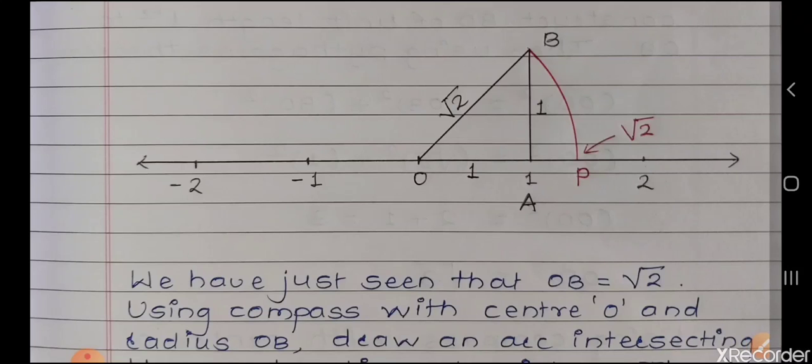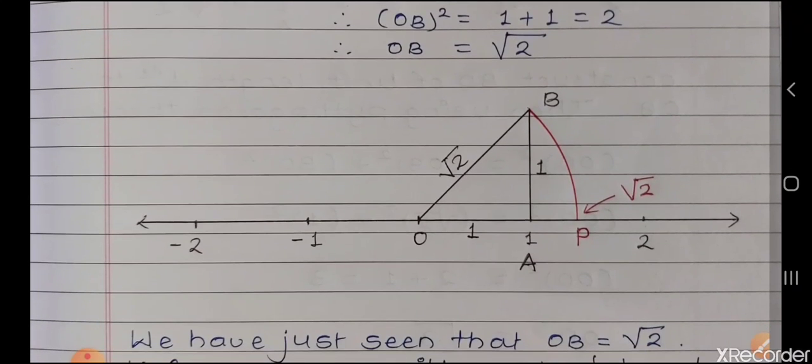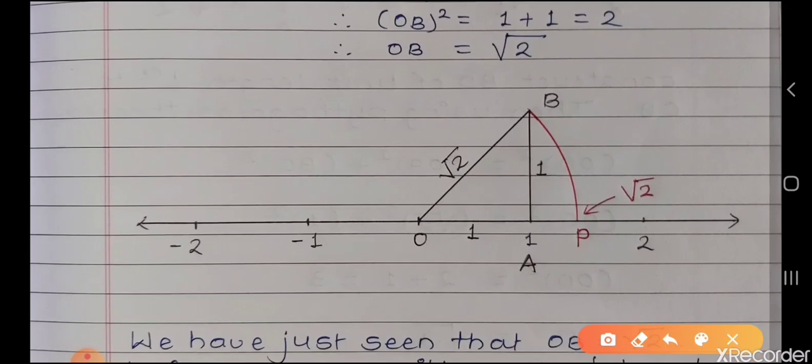Again I repeat. First we draw a number line, take numbers 0, 1, 2, minus 1, minus 2 and so on. Next we take a point A, this is unit 1. We draw a perpendicular AB of length 1 unit. Next we join the two points O and B, so we get a right angle triangle OAB.